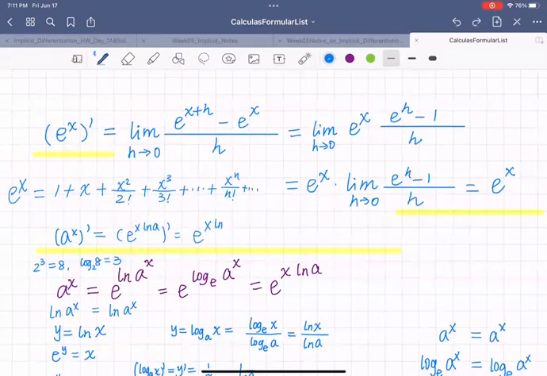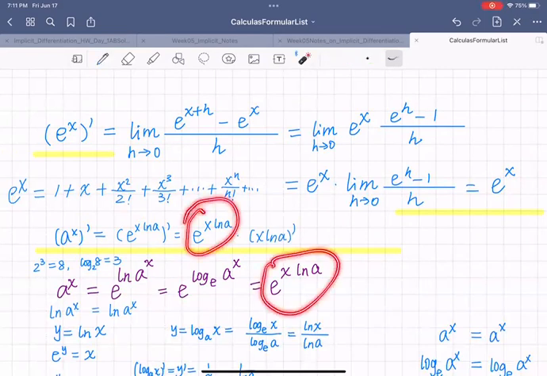Times. The problem here is you cannot say this guy equals this guy. Look, here is x. That's okay, because the derivative of x is 1. But here it is not x, so you have to take this guy's derivative one more time. Now look at this. Who is this?